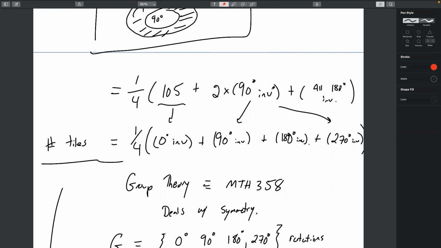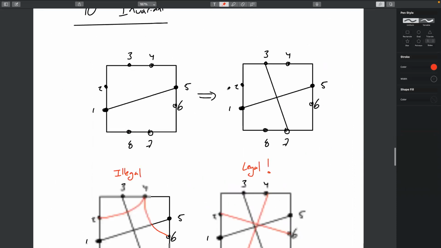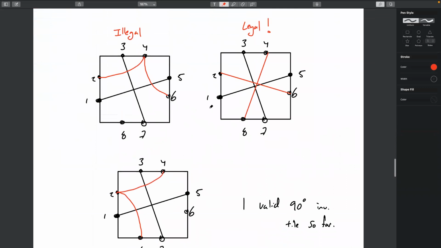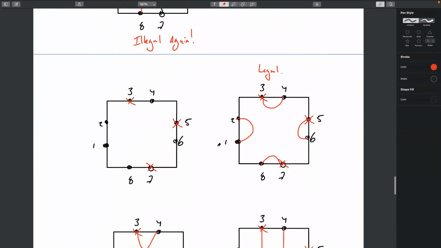Yeah, so we're counting this picture as the same picture if I rotate it any number of times 90 degrees one way and any number of times 90 degrees the other way, right?